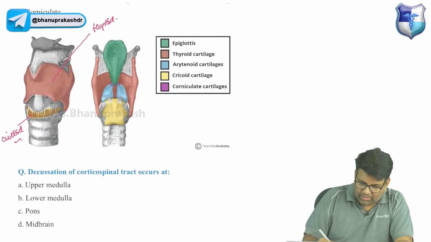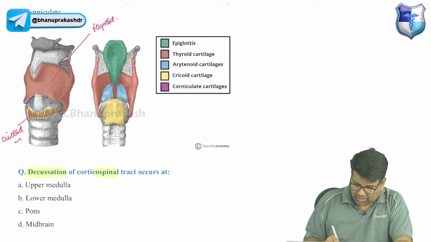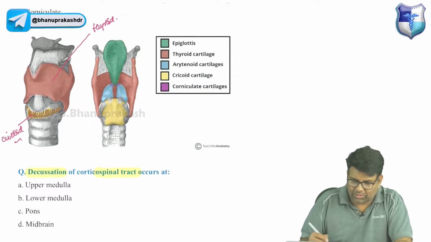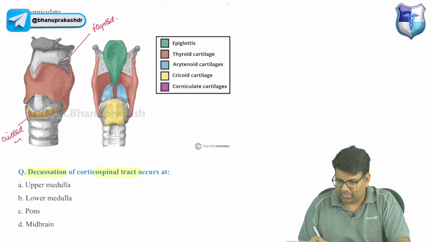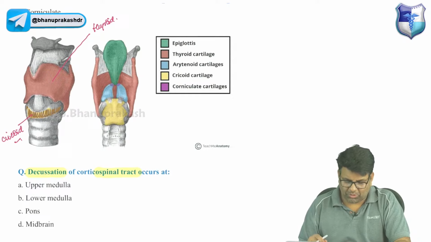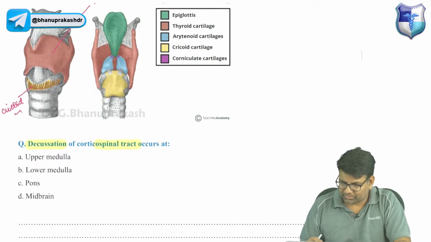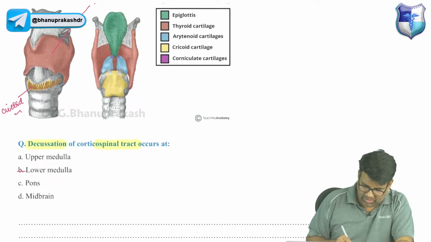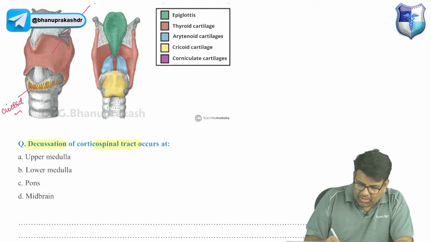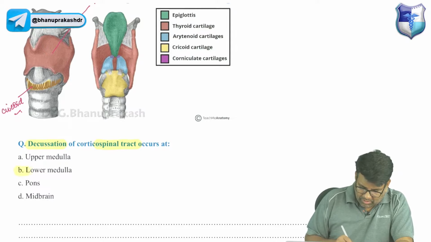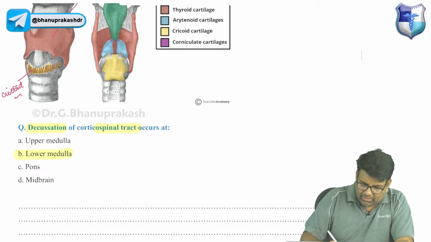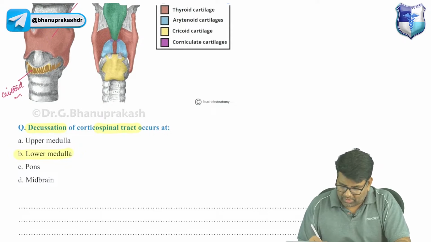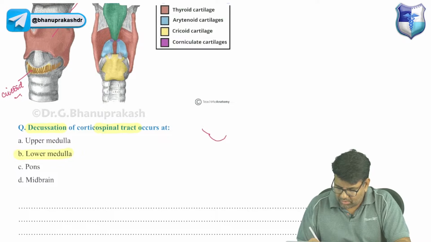Now this is important. Decussation of the corticospinal tract. What is the point of decussation of the corticospinal tract? Any idea? Yes, very good. This is the lower medulla. If you look at the anatomy of the medulla, you can see prominences like these.